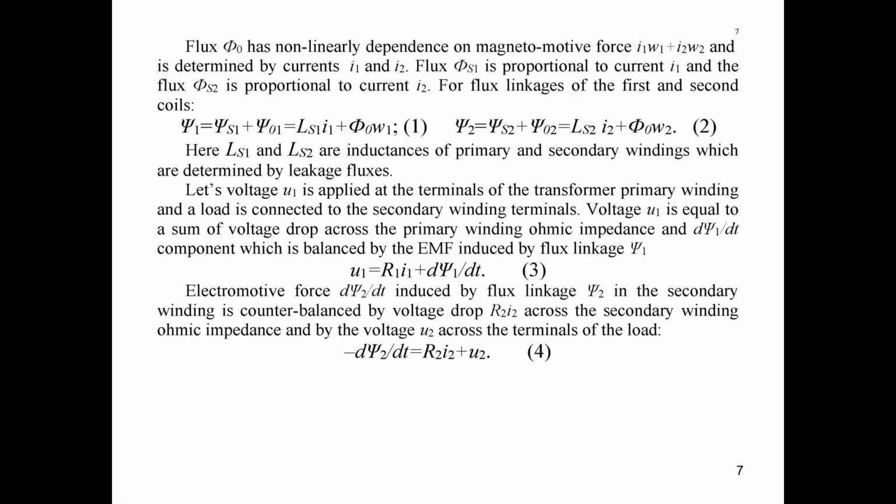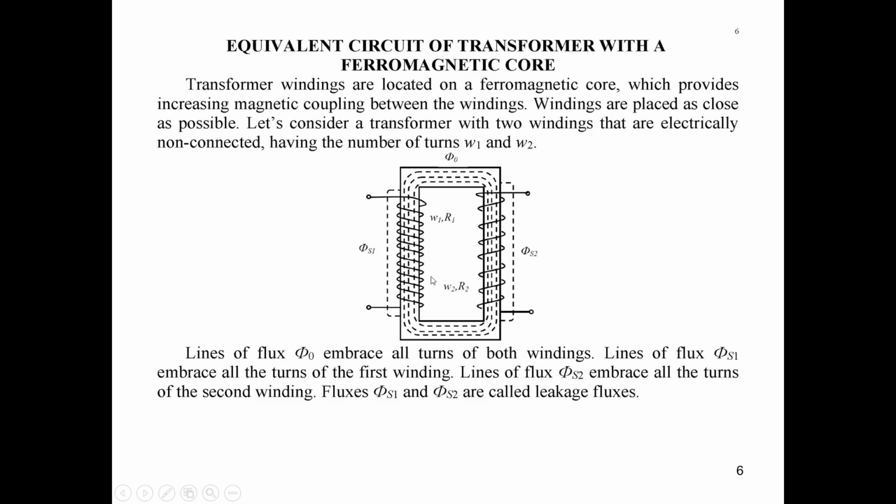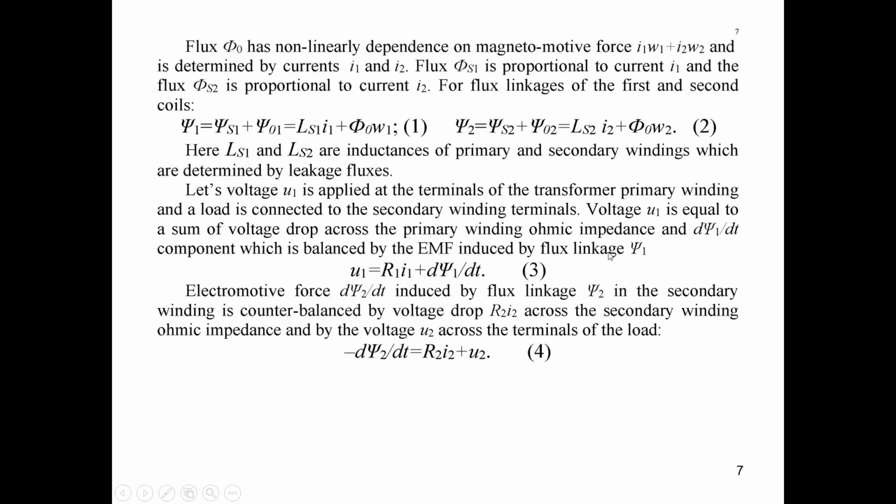So this U1 is equal to the sum of the voltage drop across the primary winding's ohmic resistance and dψ1 by dt. It's a component which balances the applied voltage by the induced flux linkage Psi1.